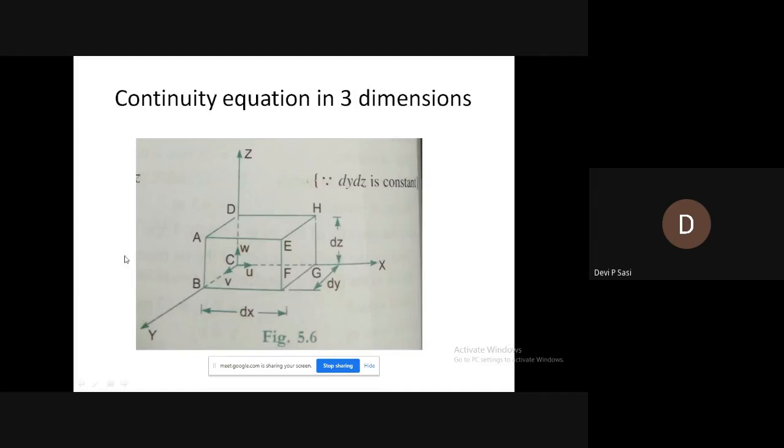So area of ABCD, what will be the area of ABCD? You can see this component is dy and this is dz.